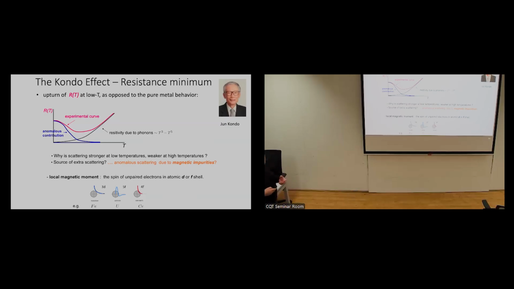Now we are used to things that happen at lower and lower energy and become stronger. For example, in QCD, scattering of quarks increases at low energies, while if you go to higher energy, it becomes weaker and weaker. This is called asymptotic freedom, and my advisor got a Nobel Prize for it.